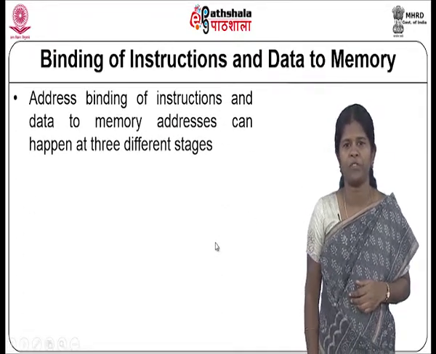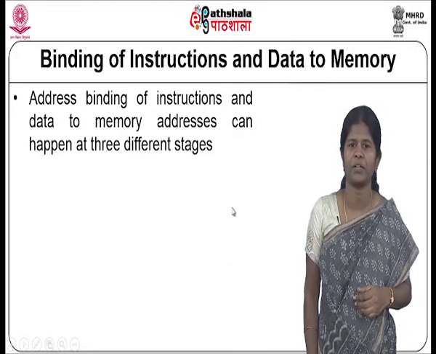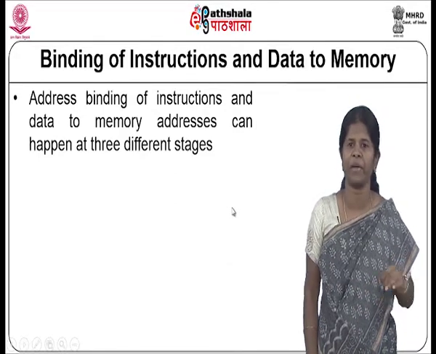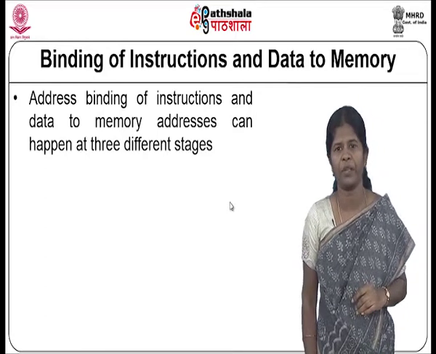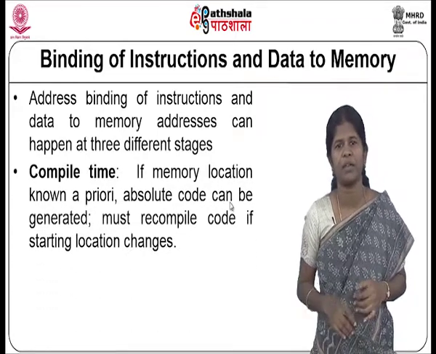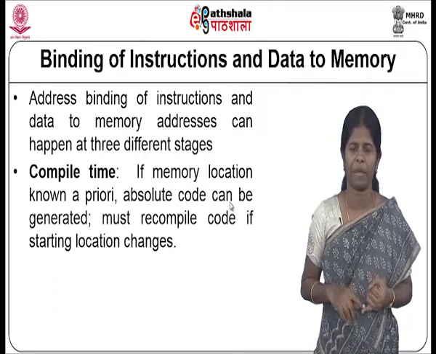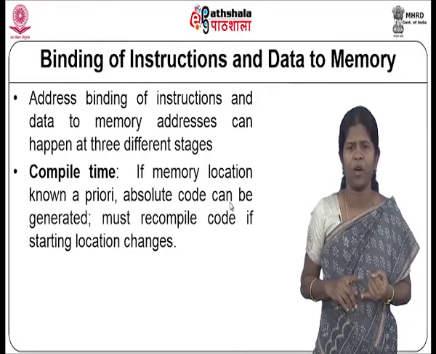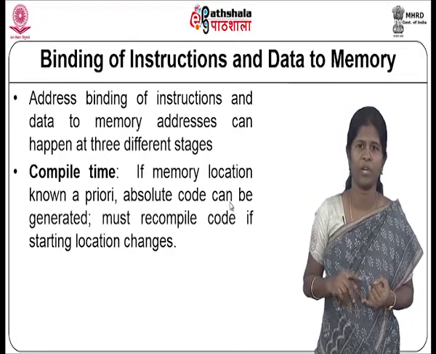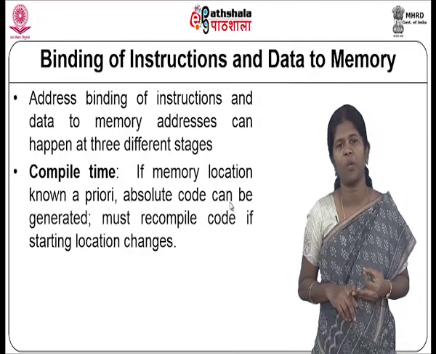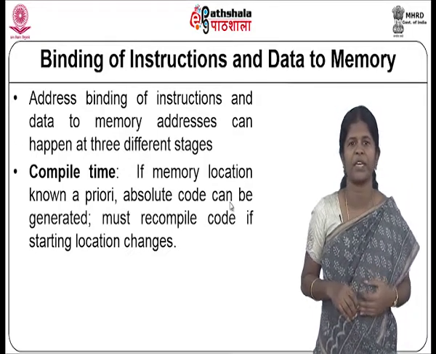So, address binding of instructions and data to specific main memory addresses can happen at 3 different stages. It can either happen in compile time, or in loading time, or in linking time. What is this compile time, loading time and linking time?